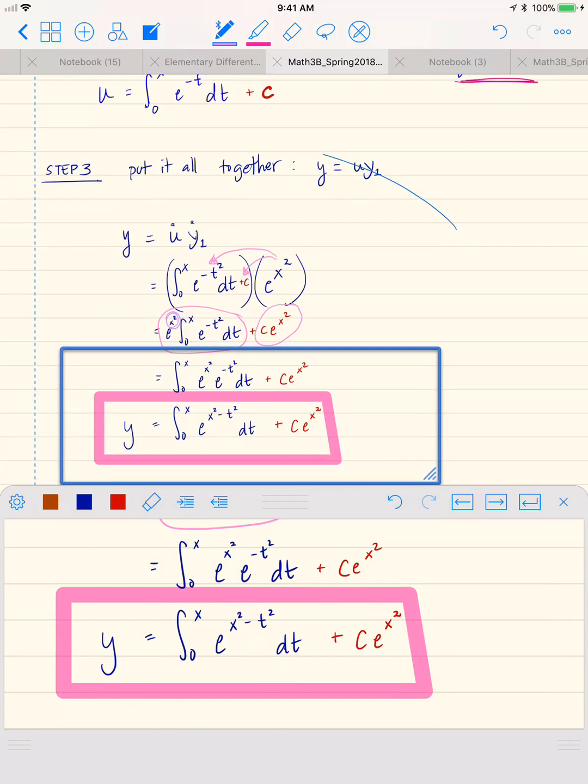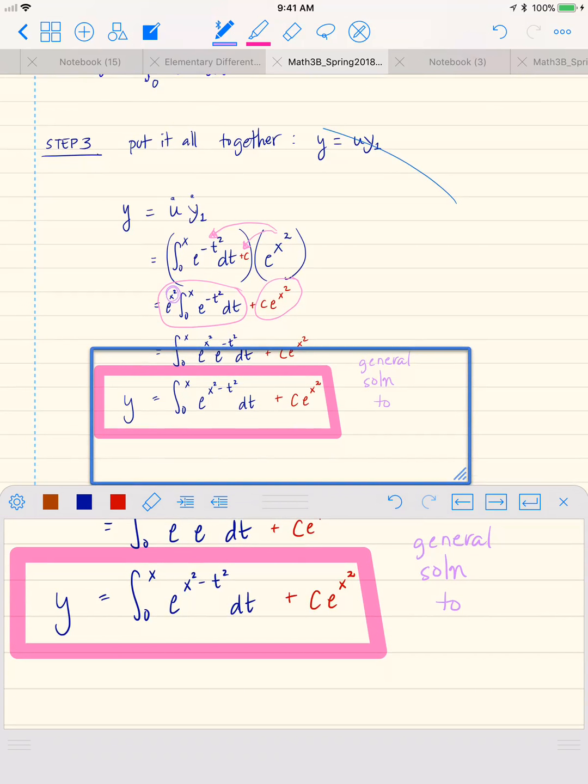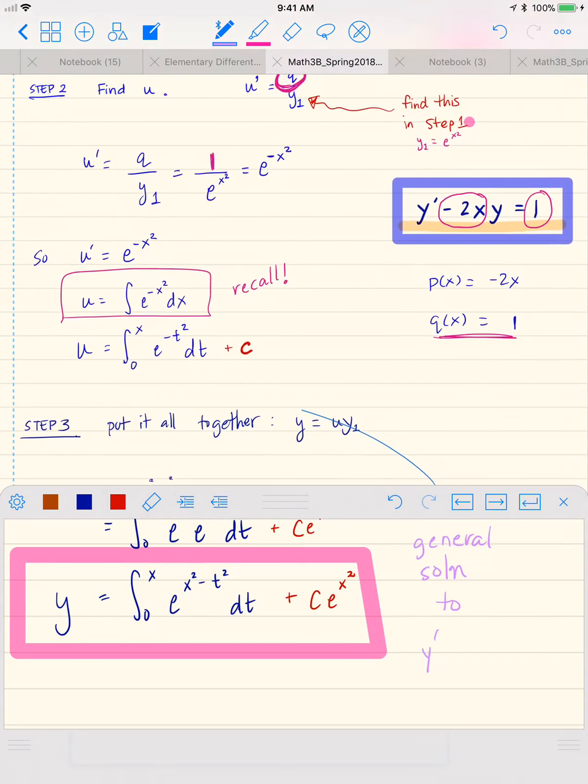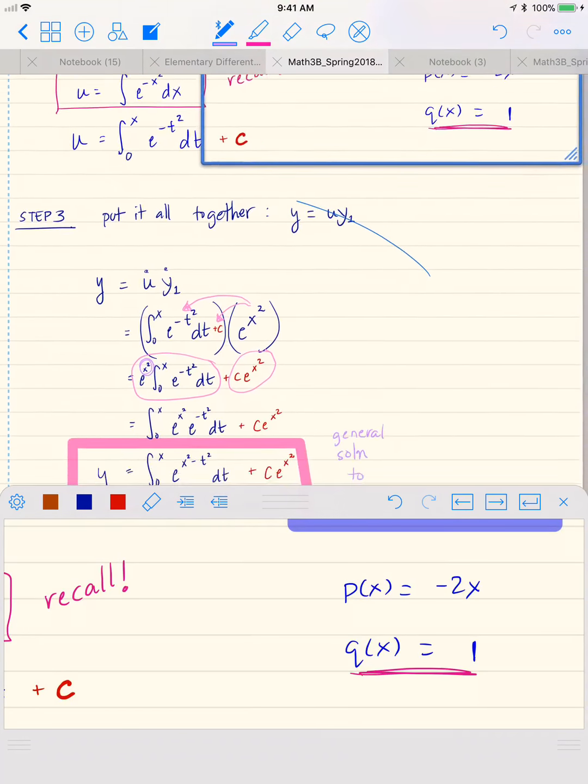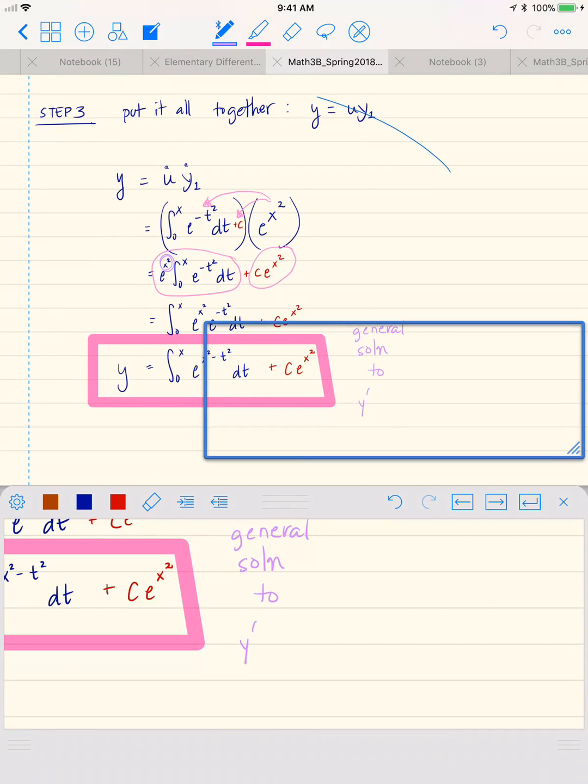So this is my final answer, the general solution to the differential equation y prime minus 2xy equals 1.